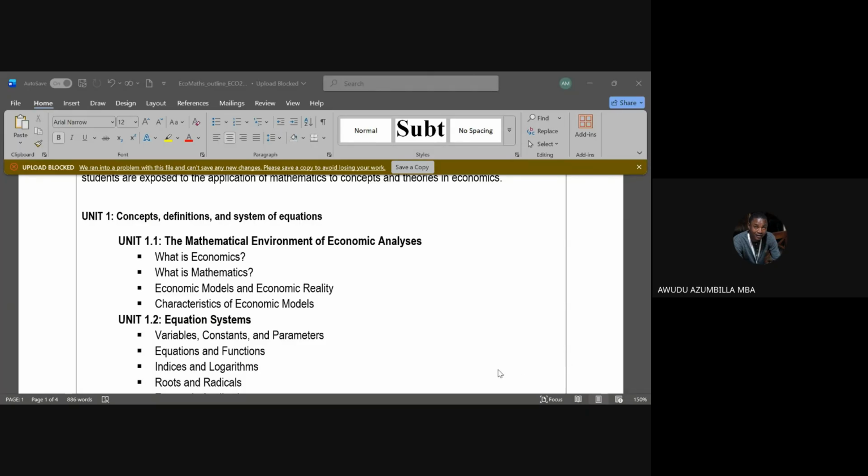Yes, course rep. Yeah, sir, I would like to know if this block consists of just 3 units, that is unit 1, unit 2, and unit 3. Exactly.